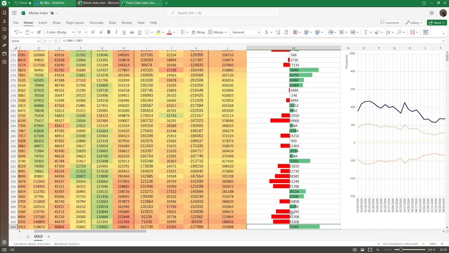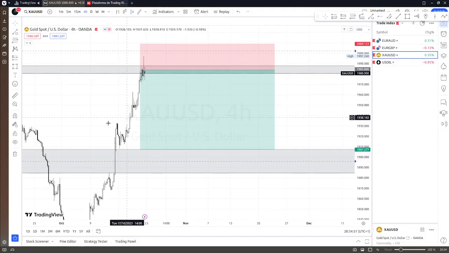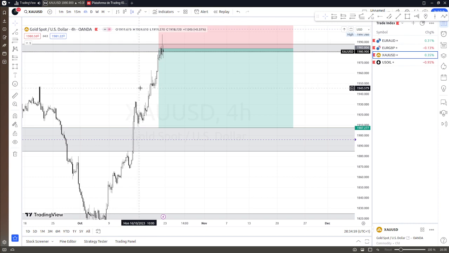So that tells me someone is trying to push the market more to the upside, and yes, that is visible around here since day 17. So this is day 17, boom, it's all the way up right now.